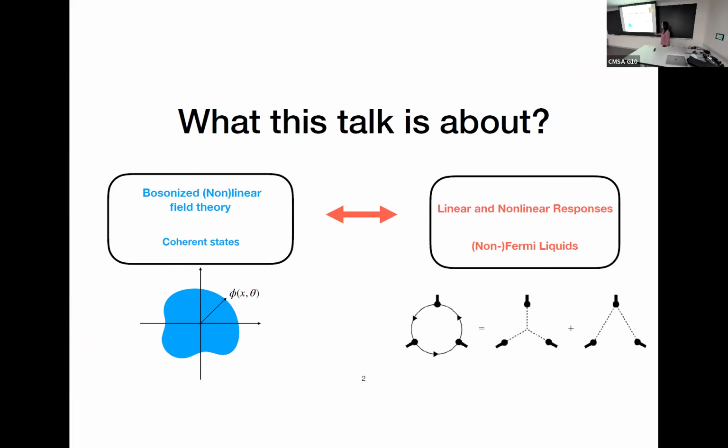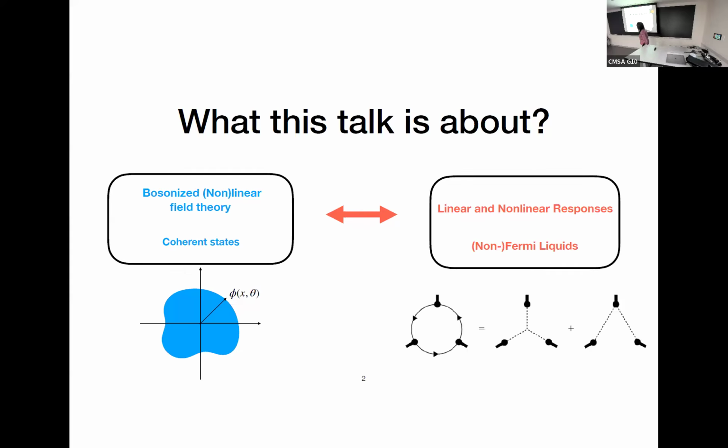The main system we will focus on is a system with a Fermi surface. We want to write down the bosonized nonlinear or linear effective field theory action to describe the system with Fermi surfaces.